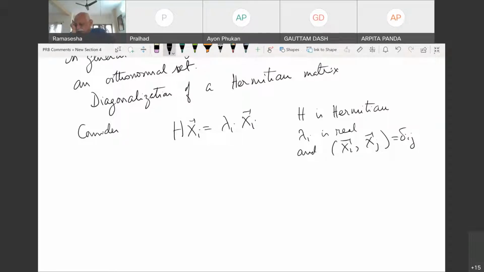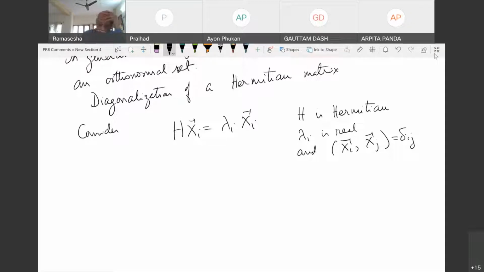But when the eigenvalues are degenerate, that means there is more than one eigenvector corresponding to the same eigenvalue, then these eigenvectors are linearly independent, and one can do a Gram-Schmidt orthonormalization and obtain orthonormal eigenvectors indeed. And so without loss of generality, I'll just assume that x_i are all orthonormal.